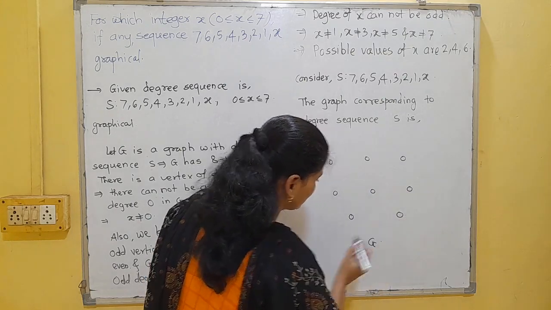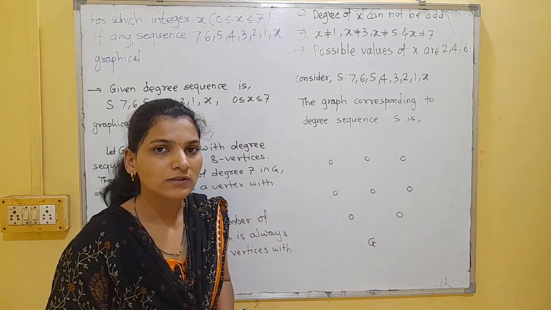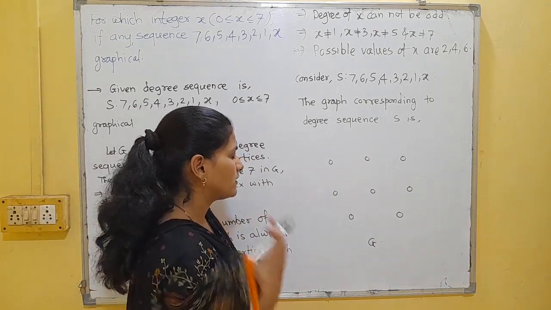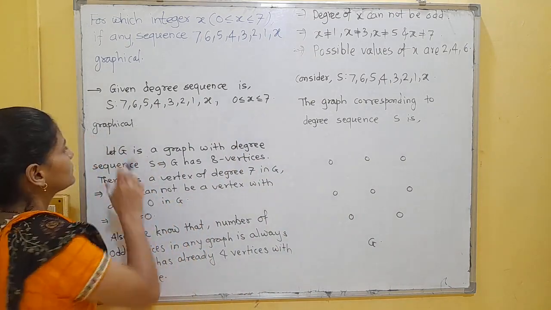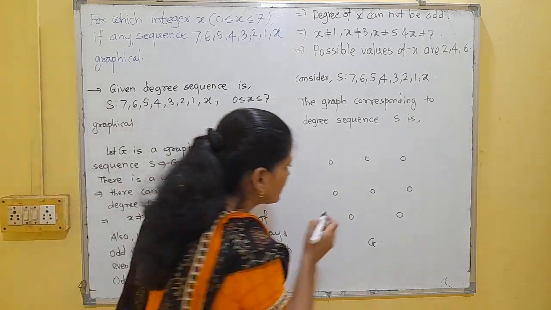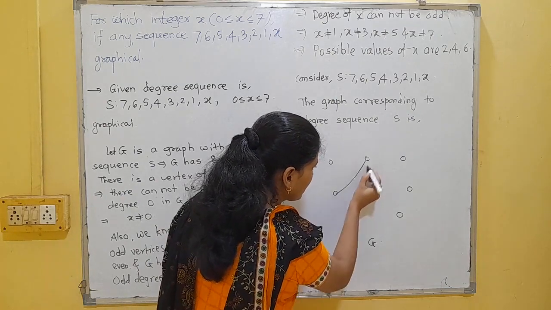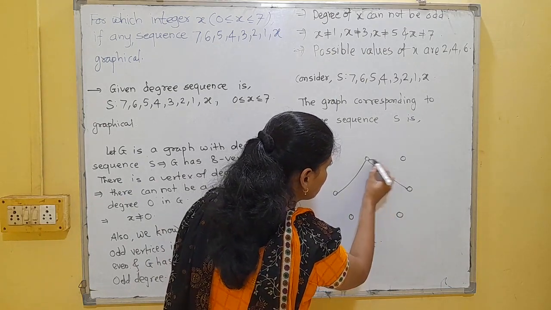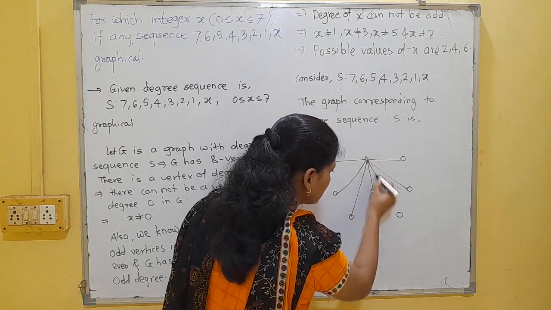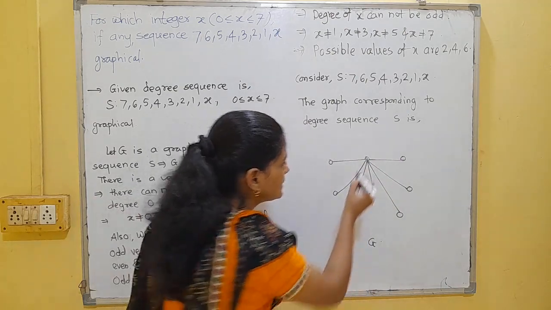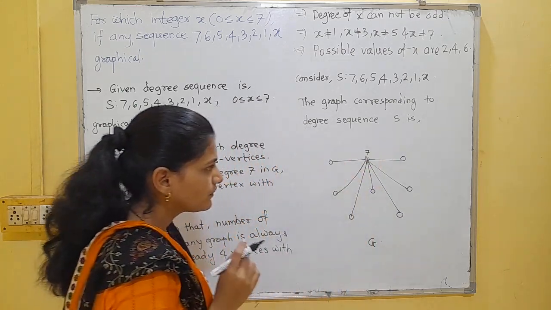G is a graph on 8 vertices, so I have drawn 8 vertices. Now I want to draw a vertex with degree 7: 1, 2, 3, 4, 5, 6, 7. So this is a vertex with degree 7.